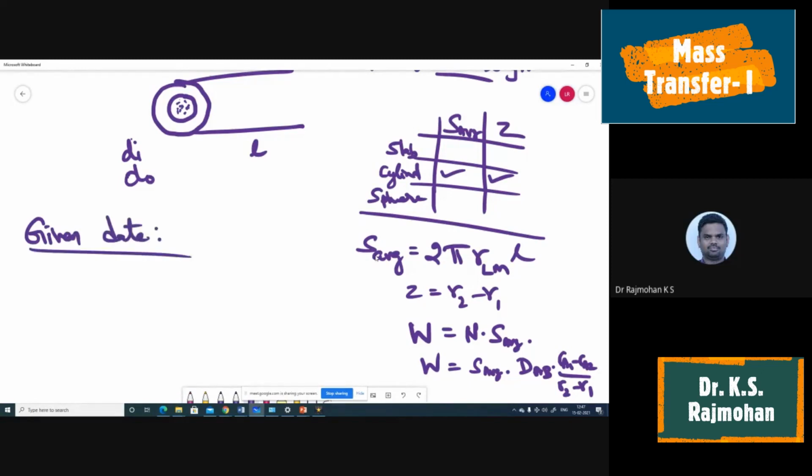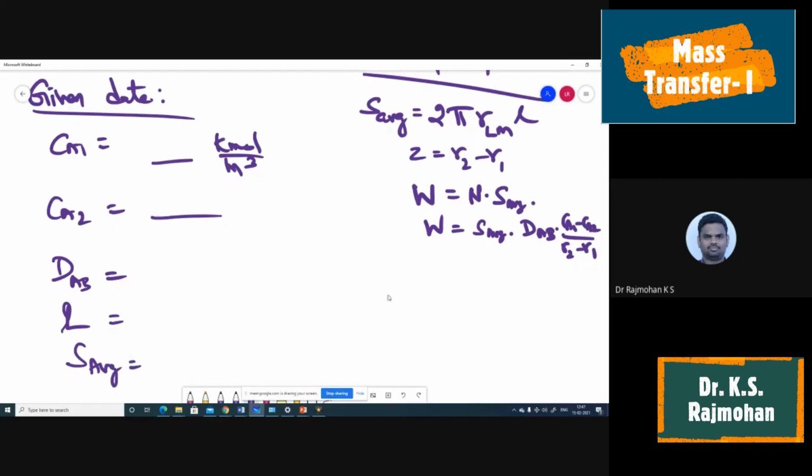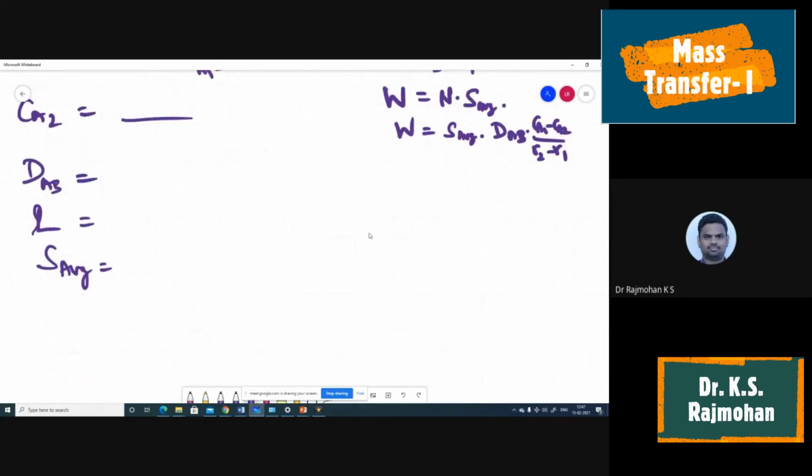We have CA1 given in kilomole per meter cube. What is CA2? What is DAB? What is the length? What is S average? To find S average, you should first find the logarithmic mean radius.